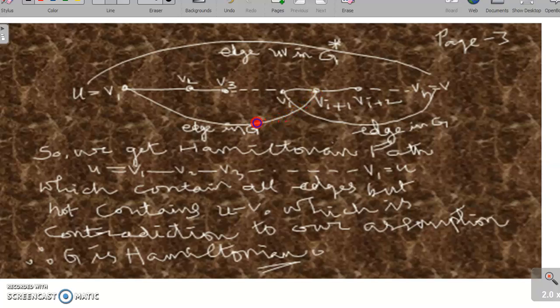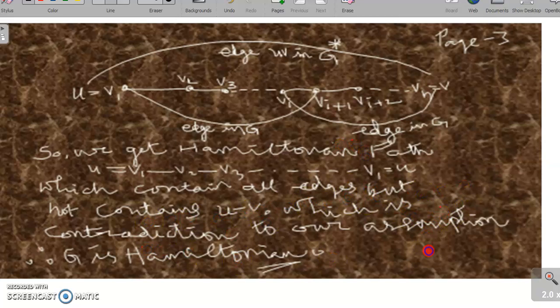Again, I am coming to this. So I am getting a Hamiltonian path. Okay. So this is a contradiction to our assumption, because G star is a maximal non-Hamiltonian graph, we assumed, and that is added uv, but here it is not added uv, but still we have a Hamiltonian.